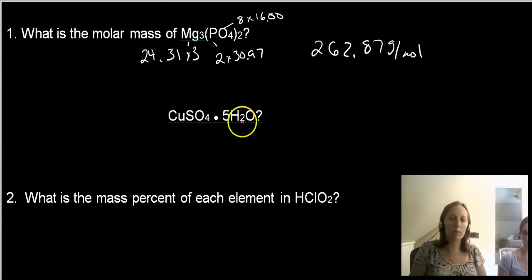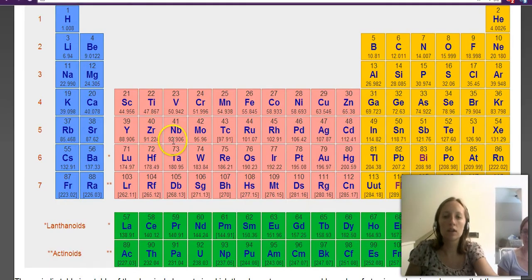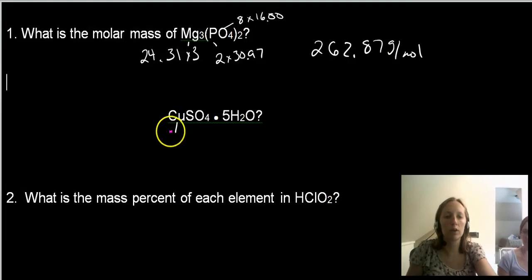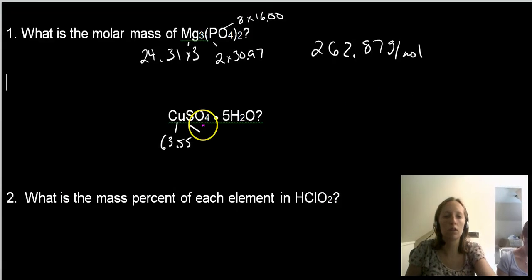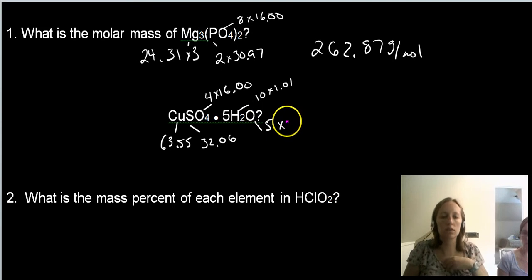Here we have copper sulfate pentahydrate. That's going to be 63.55 for copper, 32.06 for sulfur, for oxygens, 4 times 16.00, that's going to be 10 times 1.01 for hydrogen, and 5 times 16.0 for oxygen.